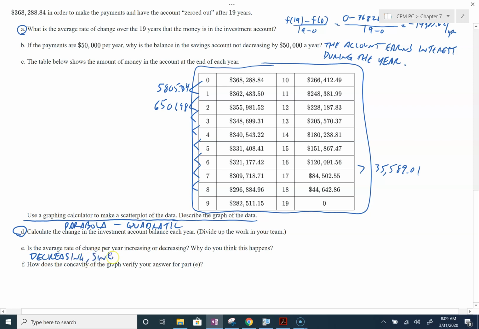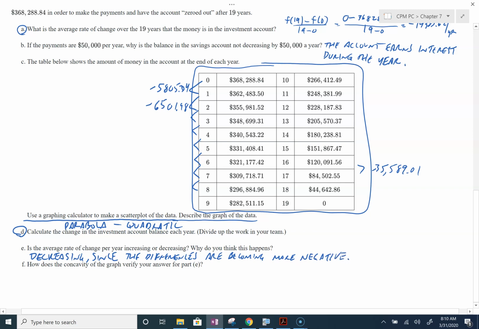Decreasing, so these would all actually be negative changes, decreasing since the differences are becoming more negative.